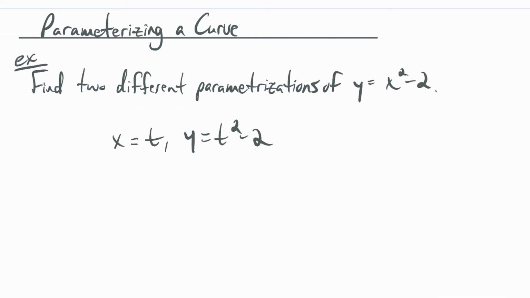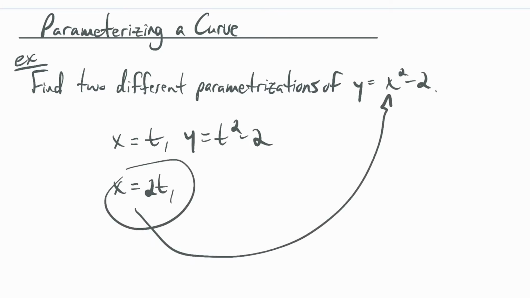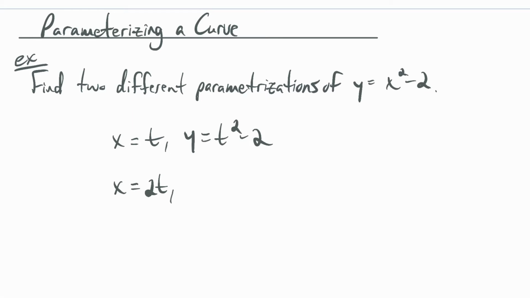And then for a second parameterization, you could do anything you want. x could be any function of t, so I could say, oh, x equals 2t, and then I just plug it in for x. So this will be y equals 2t squared minus 2. That's another parameterization.